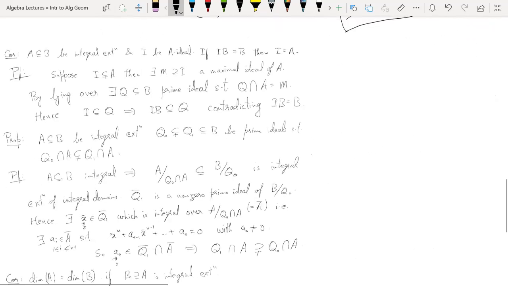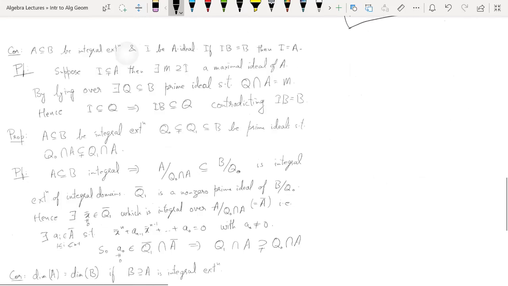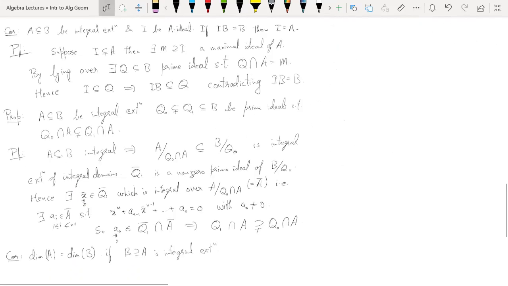When you have an integral extension, it cannot happen that a curve contracts to some point and that point and a point also. In fact, a curve has to contract to a curve. We'll see that the dimensions don't change. So that is the geometric interpretation of this proposition.